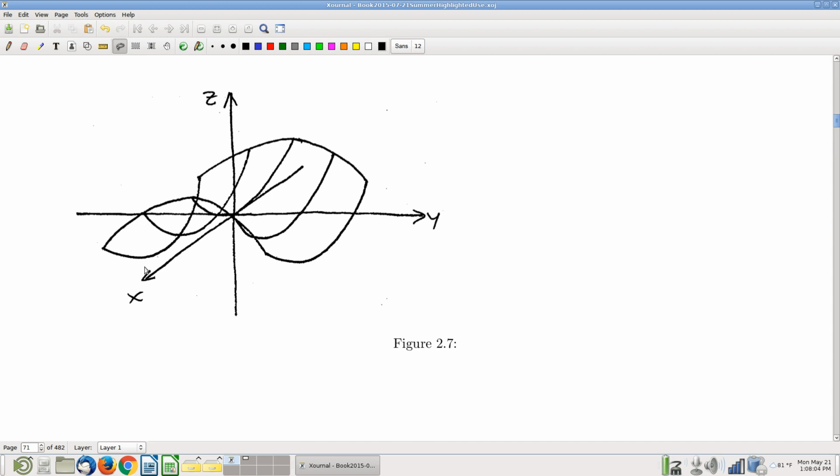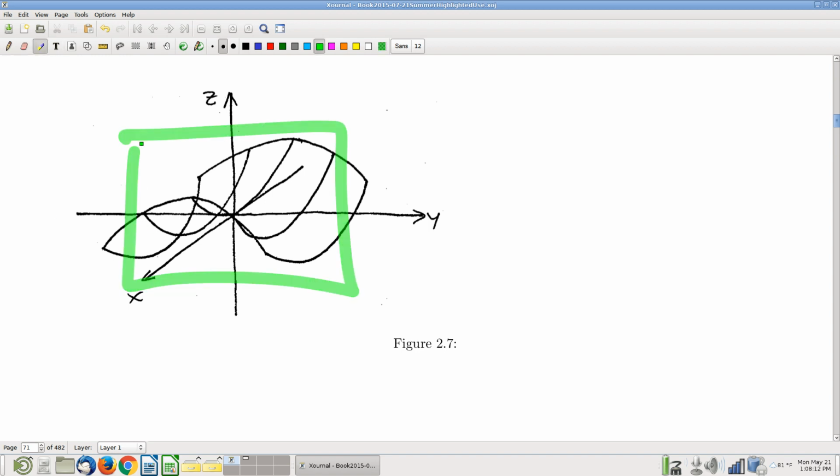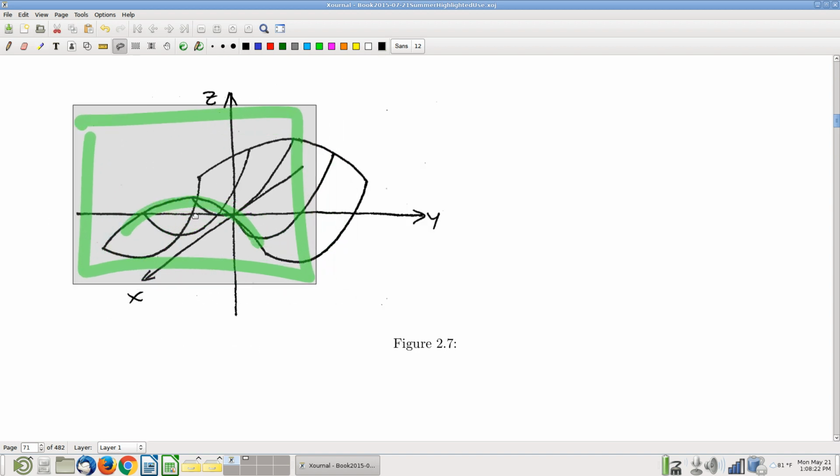And on the other hand, perpendicular to the x-axis, when you set x equal to a constant, you get these downward parabolas that shift up.